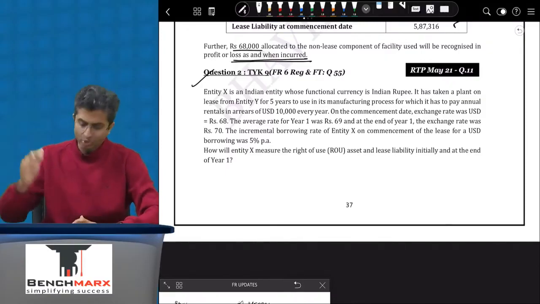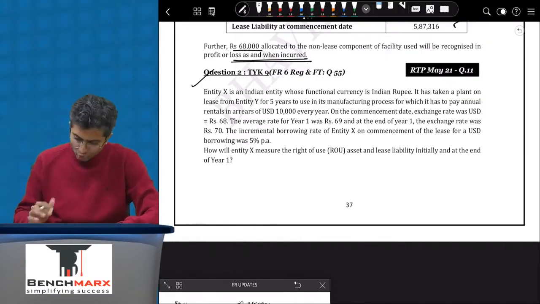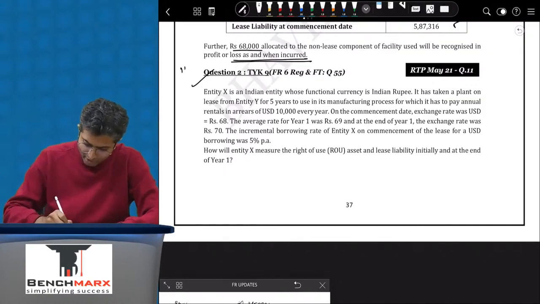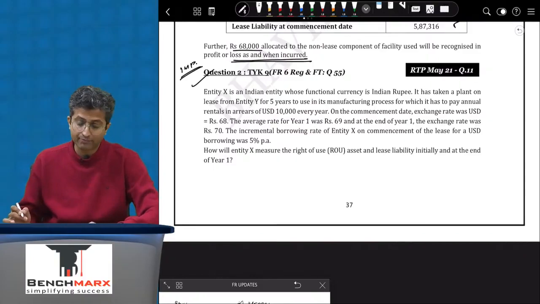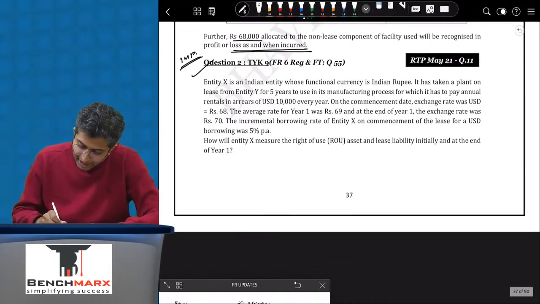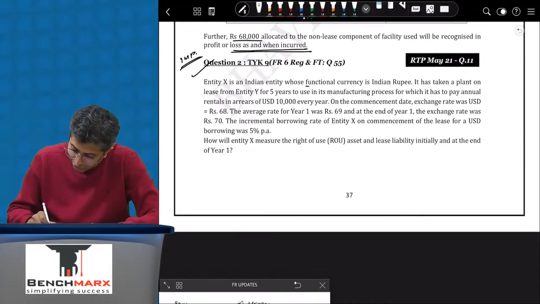So taking all of that into consideration, we will go to question number 2. This is an interesting question. I would rate this as important. A combination of Ind AS 21 and Ind AS 116. Entity X is an Indian entity whose functional currency is the rupee. Okay.